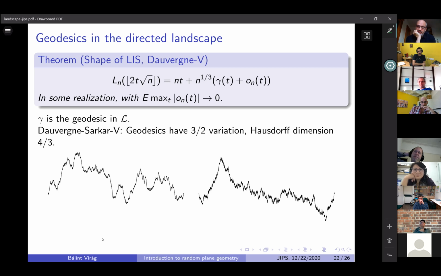And this curve, we call Ln, well, the longest increasing subsequence I call Ln. And you see the main term is this n times t, so it's roughly a straight line, plus there is an n to the 1/3 times this gamma of t, and gamma of t is actually the directed geodesic in the landscape. So the longest increasing subsequence has exactly the same shape as the directed geodesic in this random geometry.